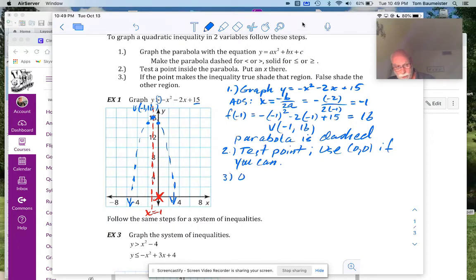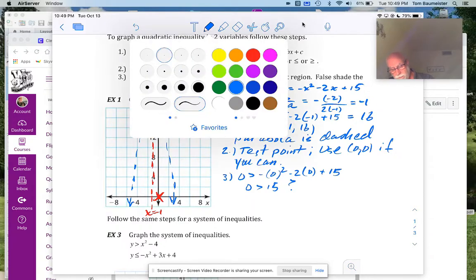Now we use our original equation to see if the inequality is true or not. So 0 is greater than negative 0 squared minus 2 times 0 plus 15. When we work this out, we get 0 is greater than 15. Is that a true statement or a false statement? We know that is false.